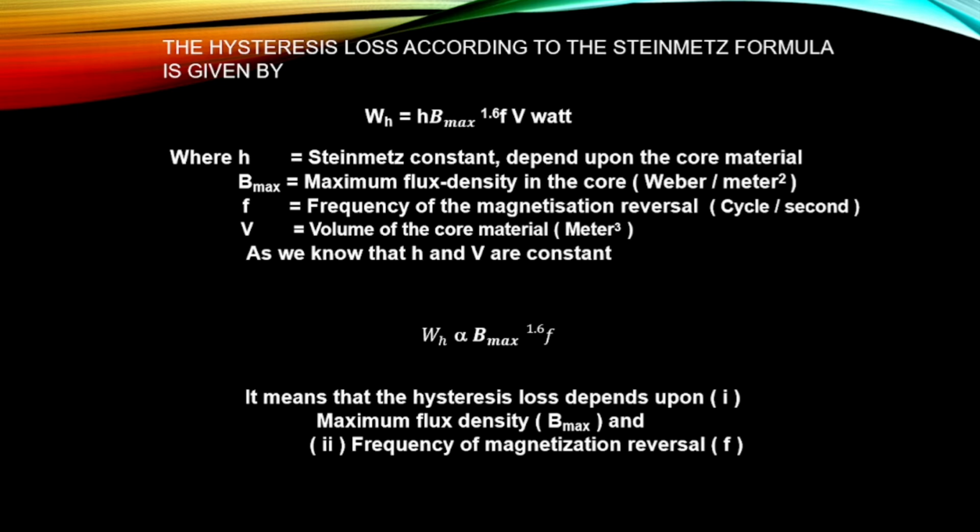V is the volume of the core material, meter cube. As we know that eta and V are constant, WH is directly proportional to B max to the power 1.6 into F. It means the hysteresis losses depend upon maximum flux density B max and secondly frequency of the magnetization reversal F.